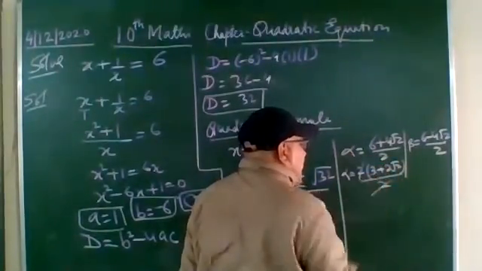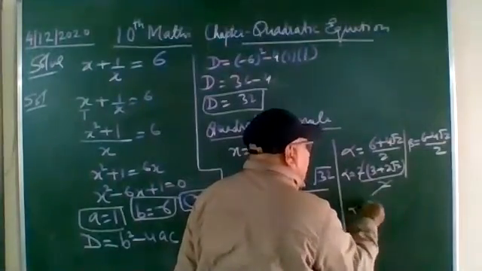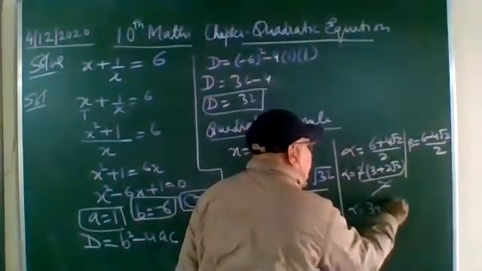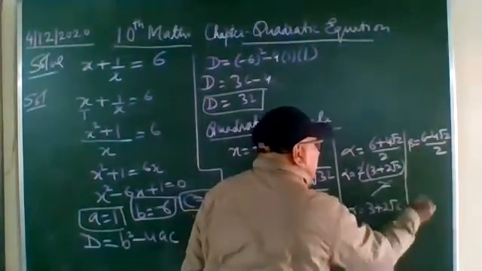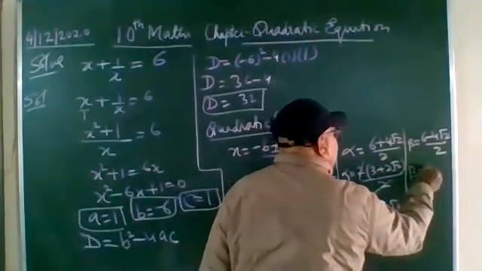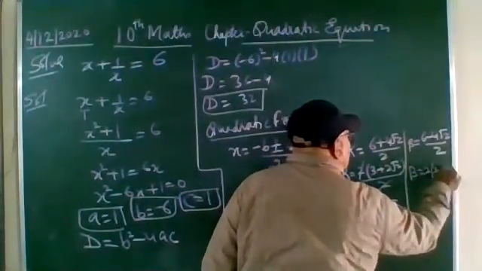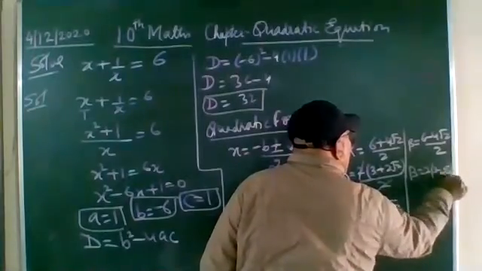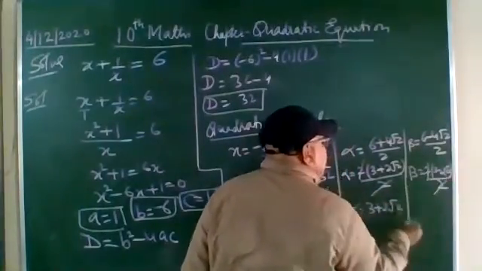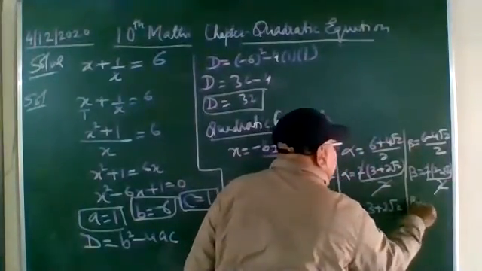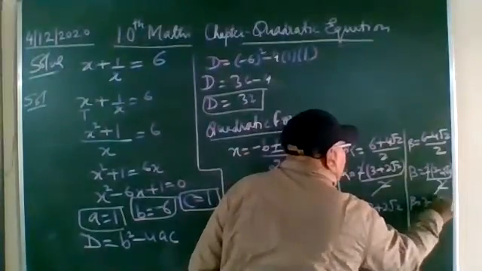This 2 and 2 cancel. Alpha is 3 plus 2 root 2. Beta again, 2 common, 3 minus 2 root 2 upon 2. This 2 and 2 cancel. So beta is 3 minus 2 root 2.